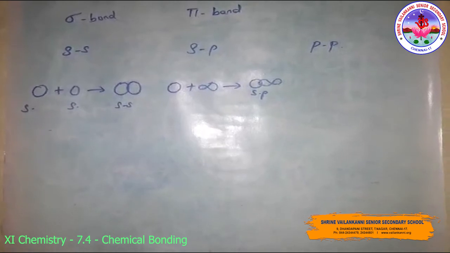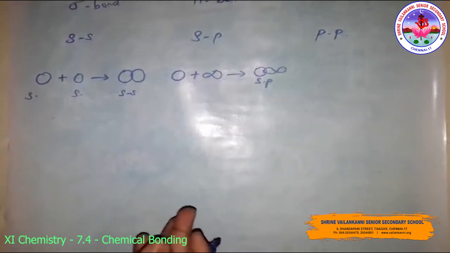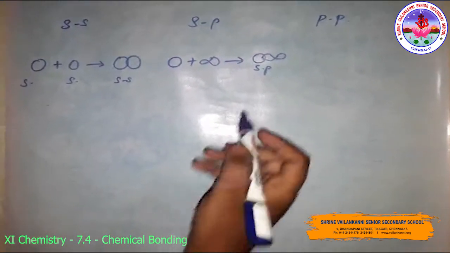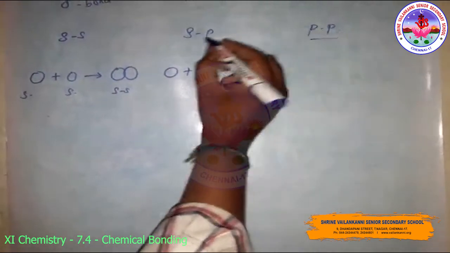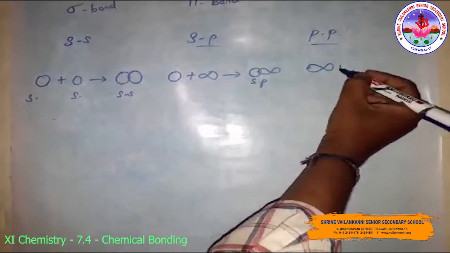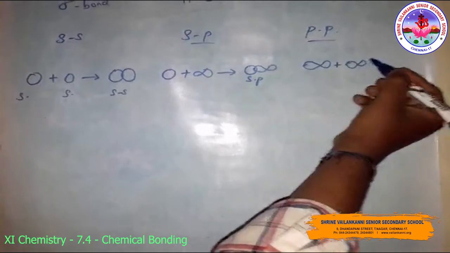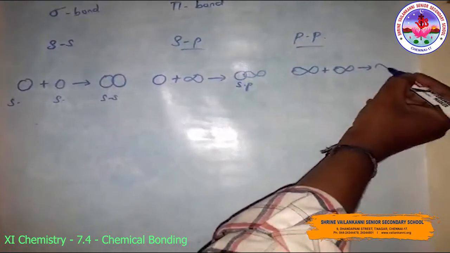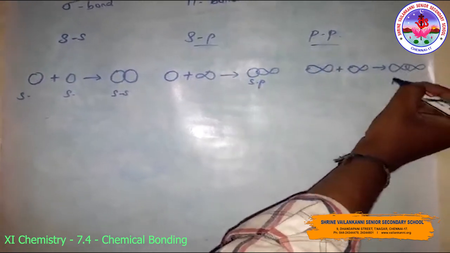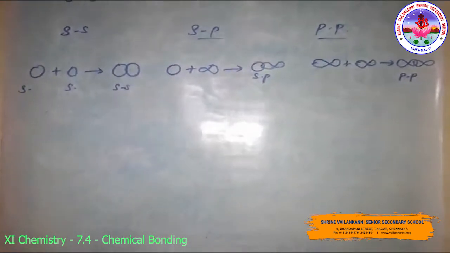Then the p-p overlapping. This type of overlapping takes place between the half-filled p orbitals of two approaching atoms like this. One p orbital and another p orbital approach and overlap like this. So this is the p-p overlapping.